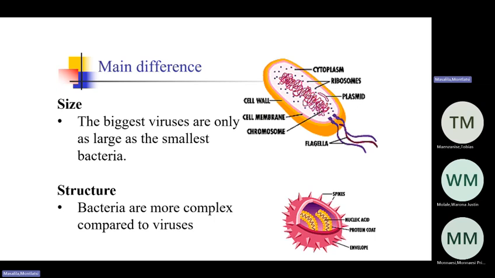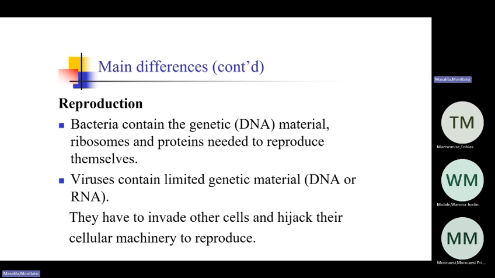So the other difference that you will see between bacteria and virus is in terms of reproduction. We say that viruses contain limited genetic material, either DNA or RNA. Most of the time some will have DNA, others will have RNA.